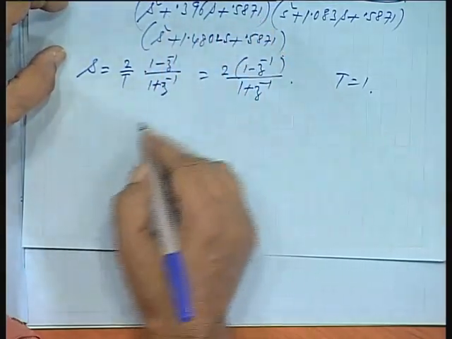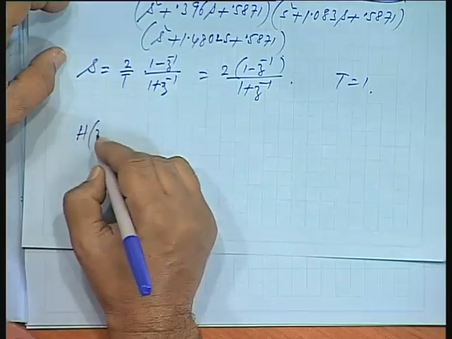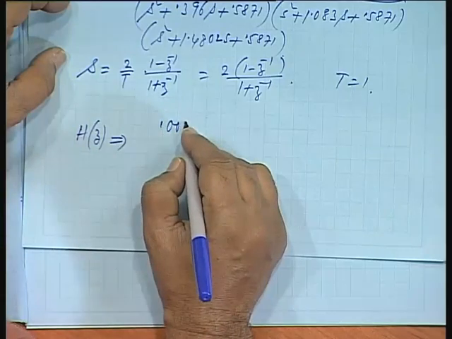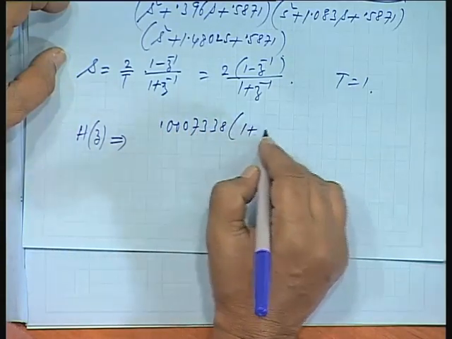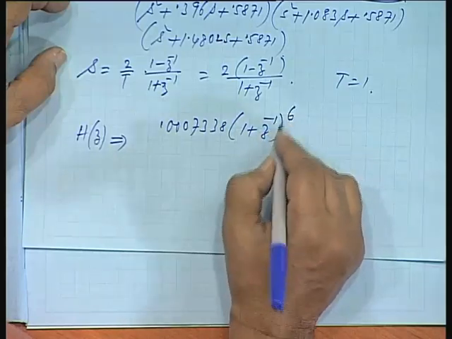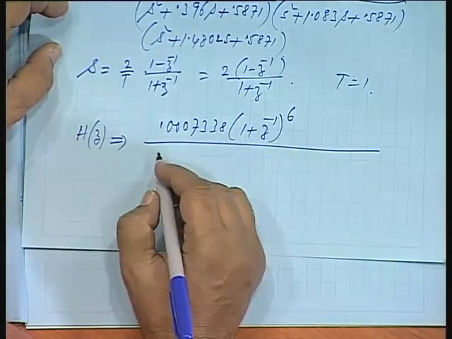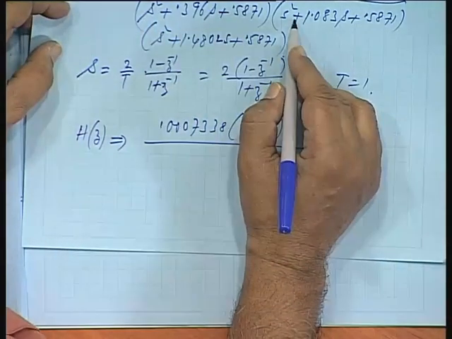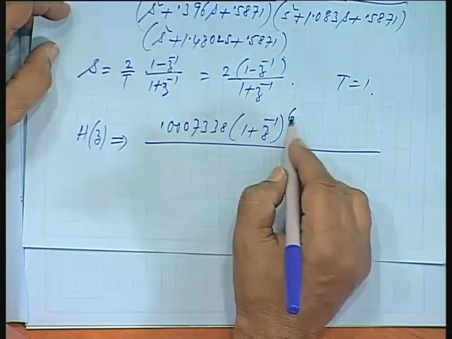So, if you substitute that here, you get H(z), the discrete filter, as 0.000738 into (1 plus Z to the power minus 1) whole to the power 6, divided by, see, (1 plus Z to the power minus 1) squared, squared and squared. So, it comes in the numerator as to the power 6.